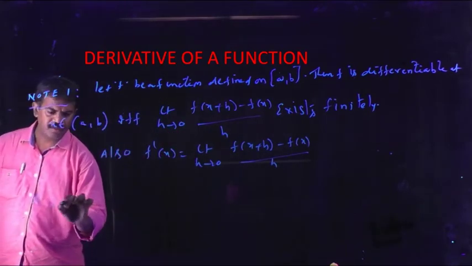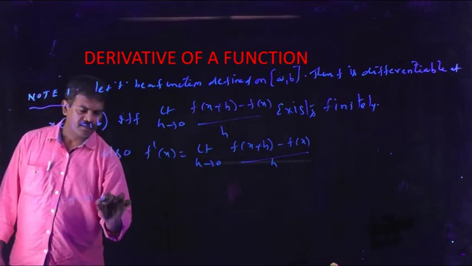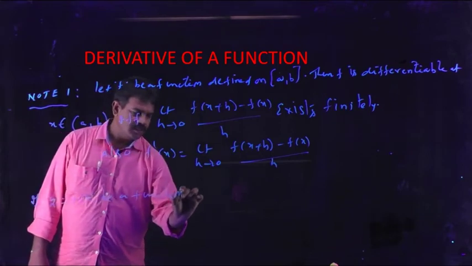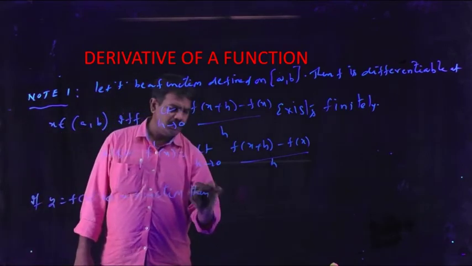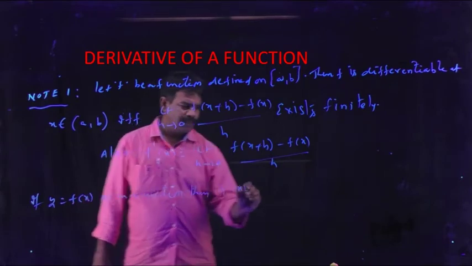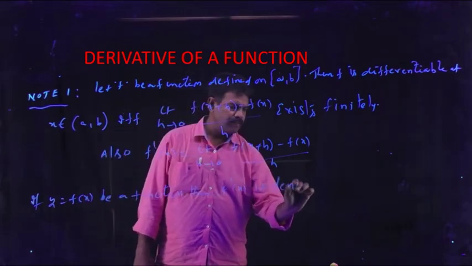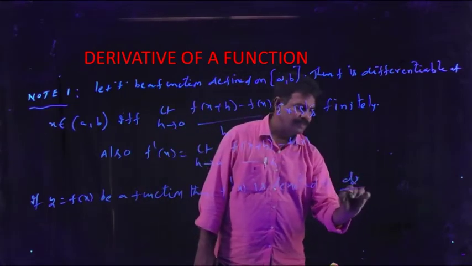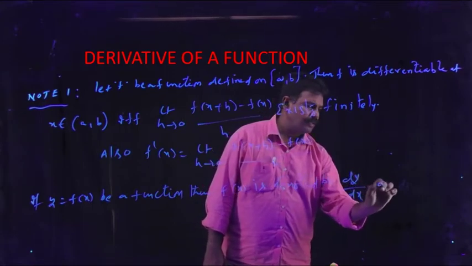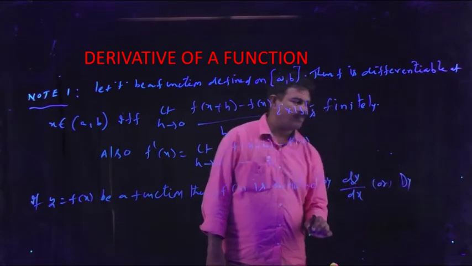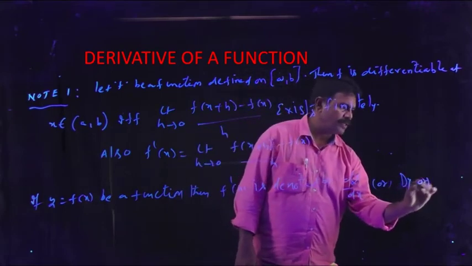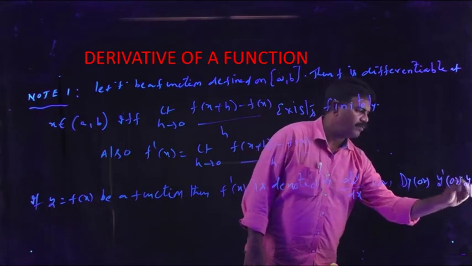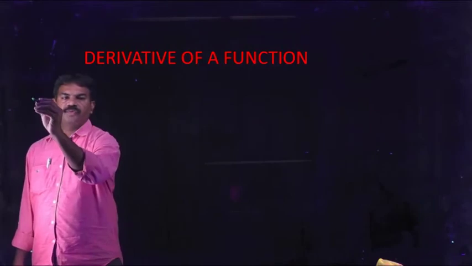If y is equal to f of x is a function, then f dash x is denoted by dy by dx or dy or y dash or y1.